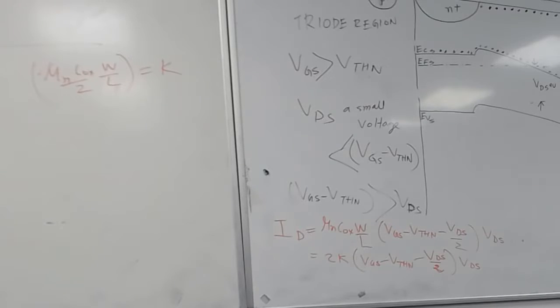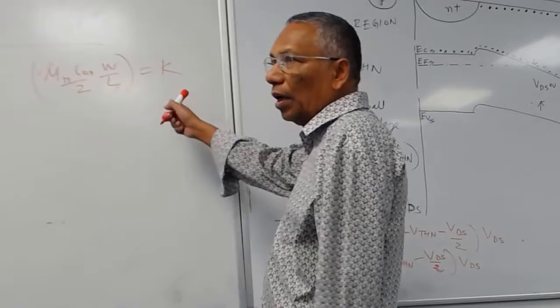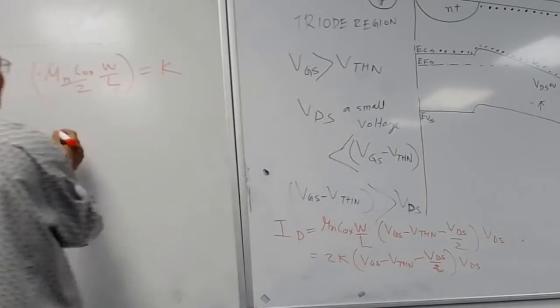Which one should I write again? Should I write this one or this one? This one? Yeah, that one. I should write again? Is it mu n over 2 times?